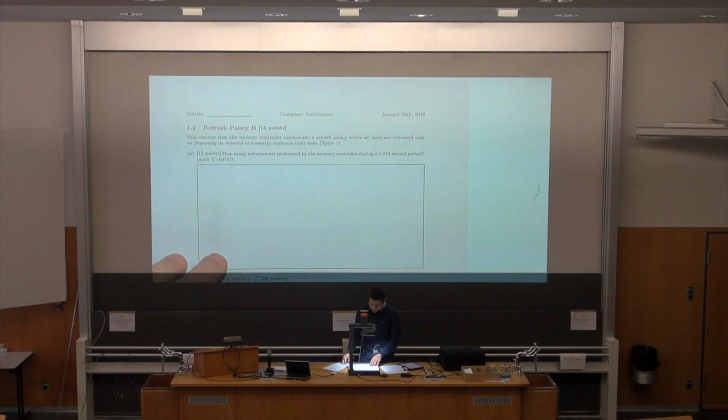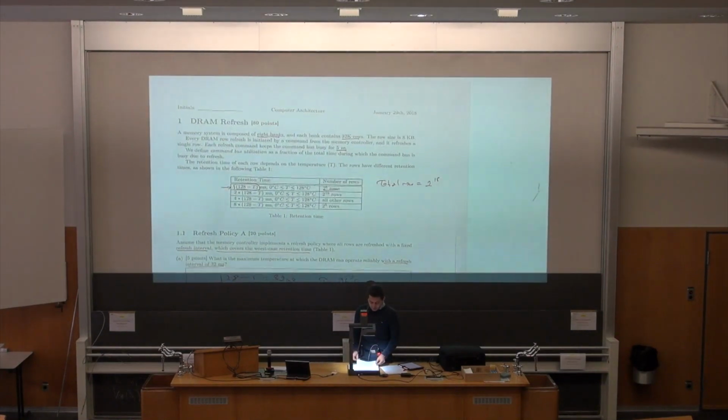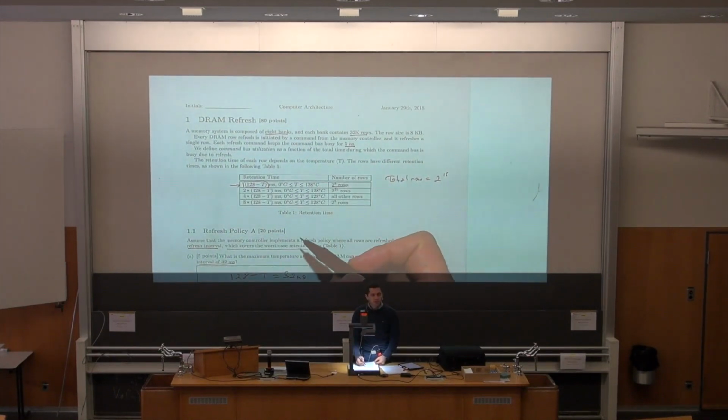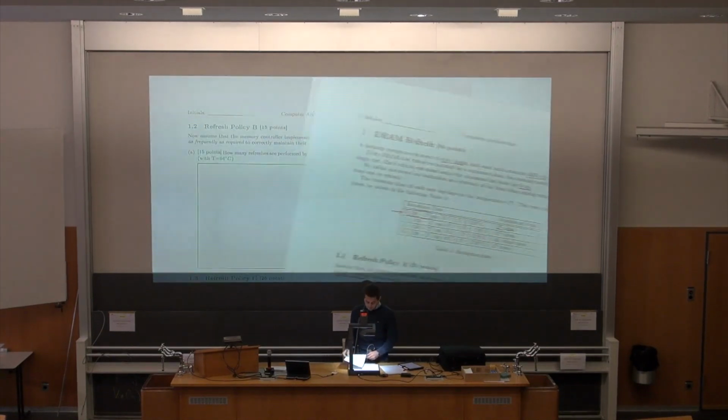For the second policy, it says that the memory controller refreshes the rows when it is needed. What does it mean? Given a temperature, if you need to refresh a row based on this table, the memory controller refreshes it.